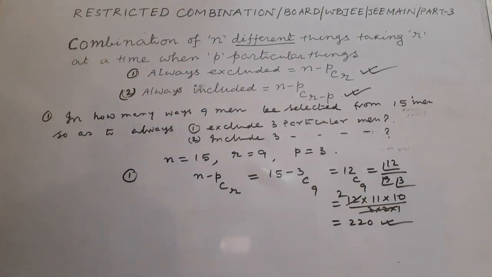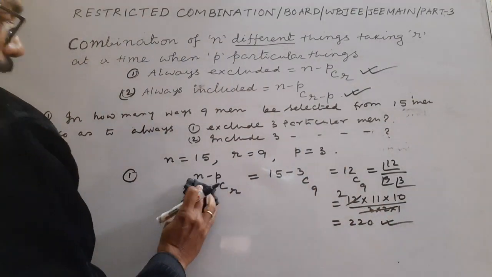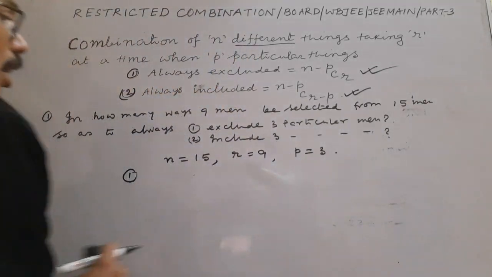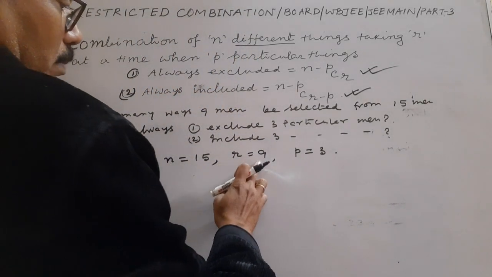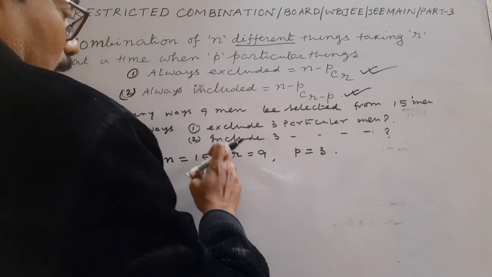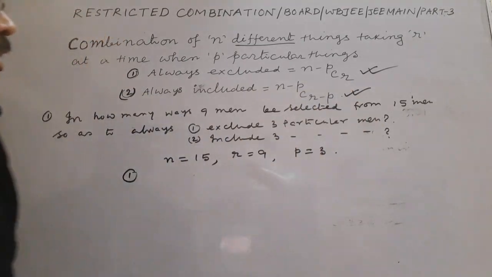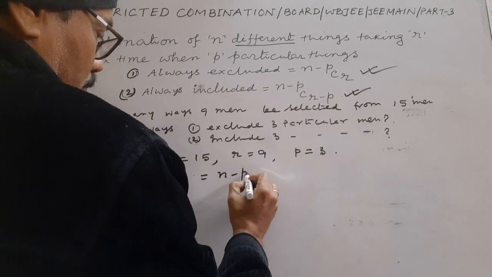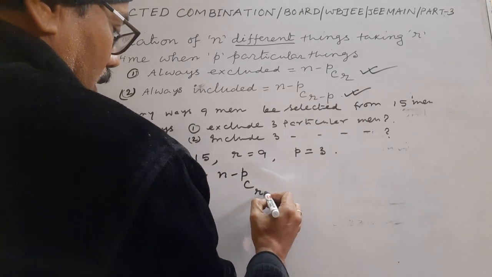So, now case 2. Here also same data. Look, same data: n equals 15, r equals 9, p equals 3. But here include 3 particular men. So, the formula is n minus p C r minus p. So, 12 minus 3... 15 minus 3 C 9 minus 3.